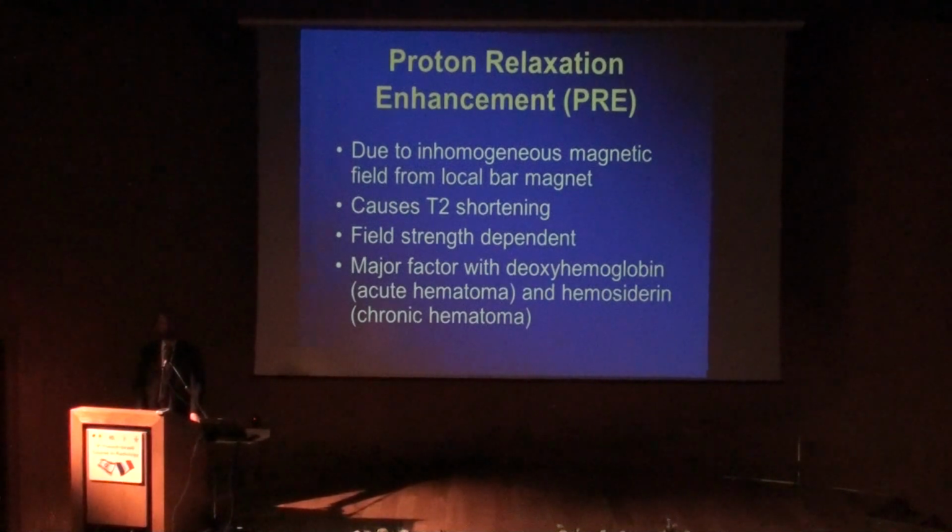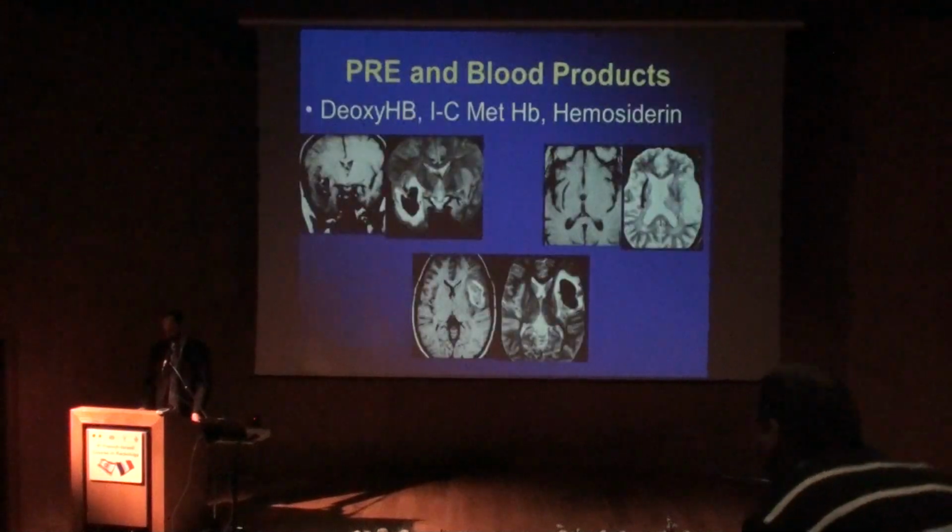This causes T2 shortening, a T2 star effect, and susceptibility-weighted imaging is particularly sensitive to that T2 star effect. And it is, as I said, the major factor when we're looking at acute hematomas with deoxyhemoglobin and then in the chronic phase with hemosiderin.